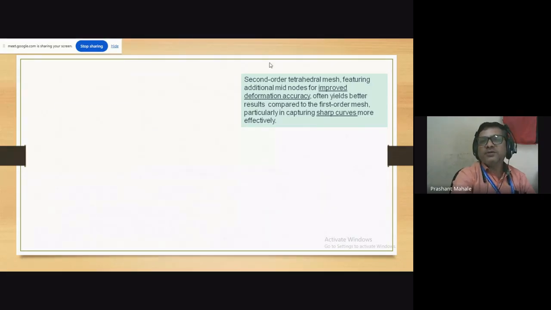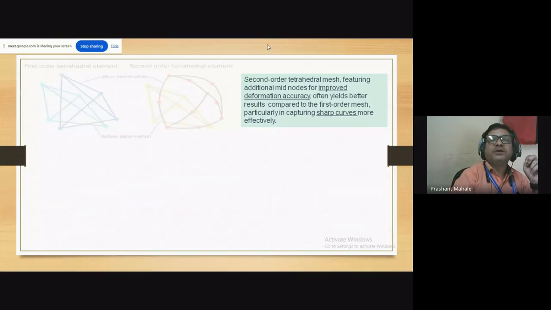What is the meaning of this statement? Second order elements are having extra nodes, and due to which the deformation after the solver, you will find that there is a deformation in the mechanical member. That deformation is more accurate compared to the first order element if used for meshing.